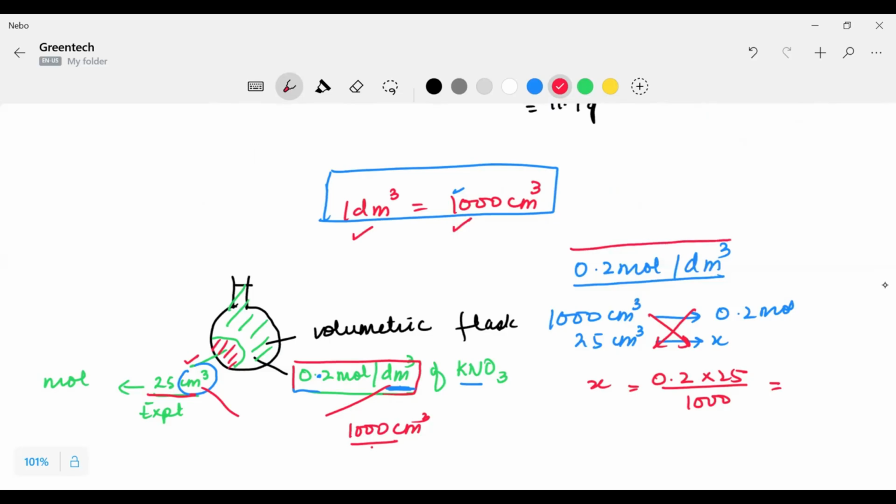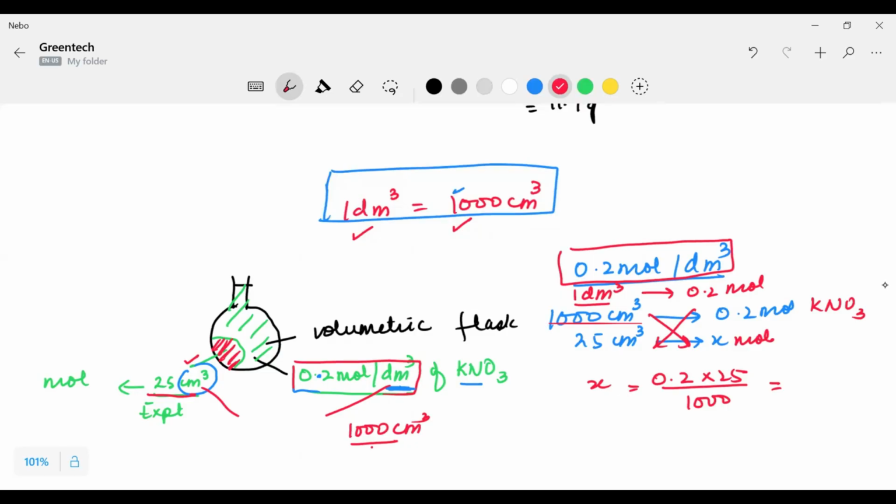So this particular concentration we can write as 1 dm cube has 0.2 moles, or instead of 1 dm cube we can write 1000 cm cube has 0.2 moles. So if 1000 cm cube has 0.2 moles of KNO3, then 25 cm cube, which we are extracting here, will have X moles. Am I right? Then you can do it by the unitary method.